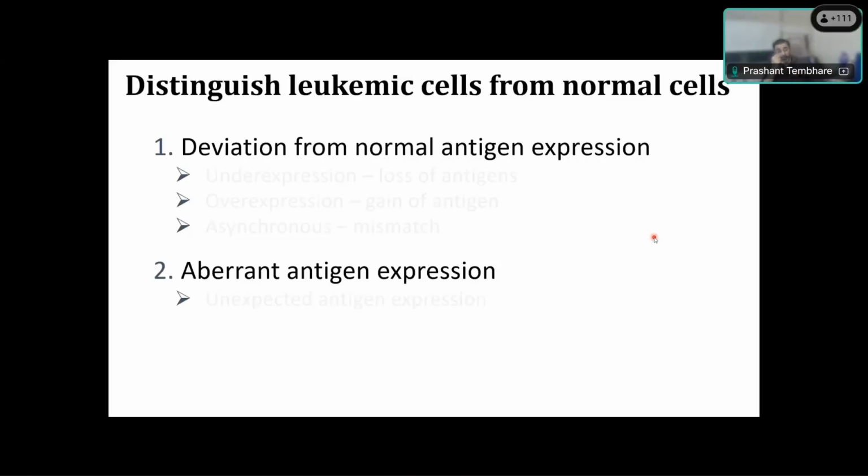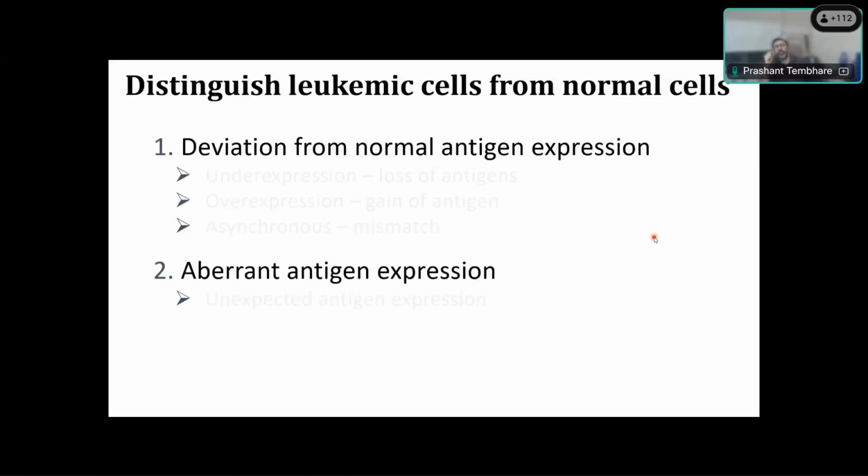What does it mean? It means that all normal cells in any human being present all over the earth show a fixed maturation pattern with any protein present on the cell.